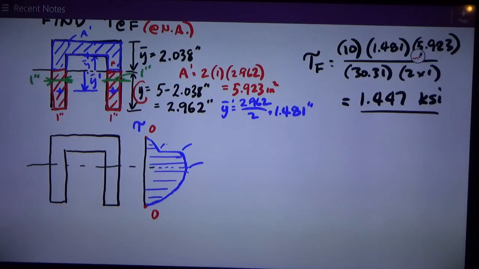Here at this point D, I had 0.0508 KSI. At point E, barely into the vertical leg, I jump up to 1.269. And then here at the neutral axis, the shear stress is 1.447 KSI.